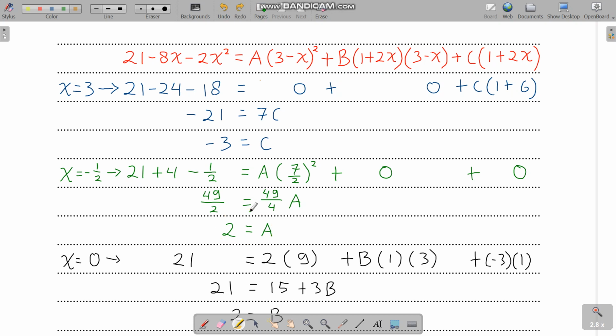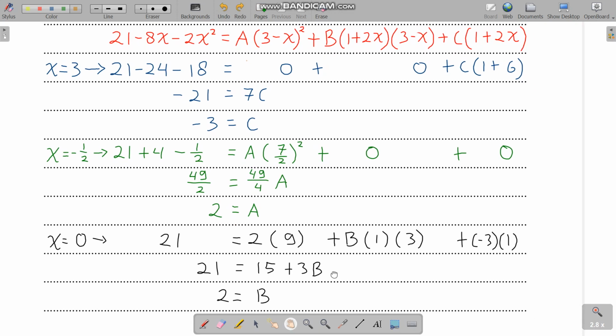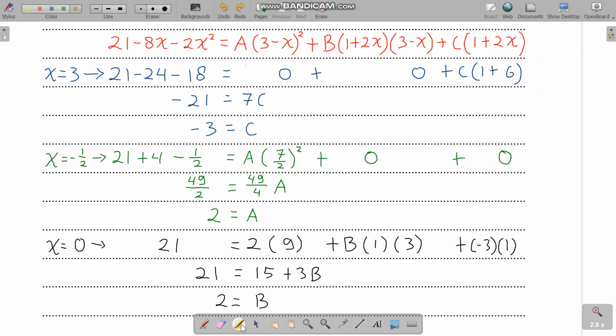To find the last coefficient, because we already have the two coefficients, plugging in anything will work, something random. Just use 0 to make things simple. On the left this is just 21. If you plug in 0, this will be 3 squared, which is 9, so 2 times 9, because A is 2. Then this is 1 and this is 3, so 1 times 3 times B. We don't know B yet.